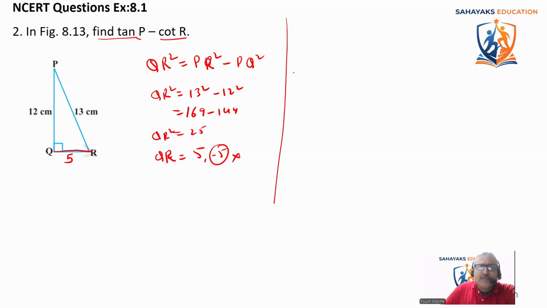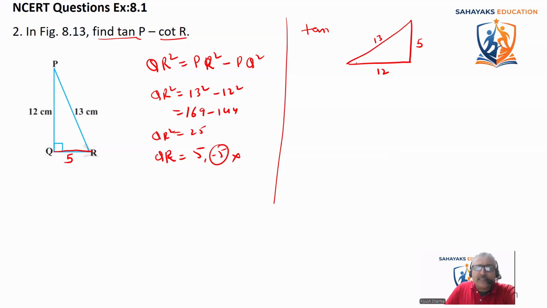So when this value is 5, we can find the value of tan P. Oh, they have to find tan P. If you have to find tan P, we should consider 12 as base. Let me just make the triangle here. So 12 is the base, this becomes 5, and this remains 13.